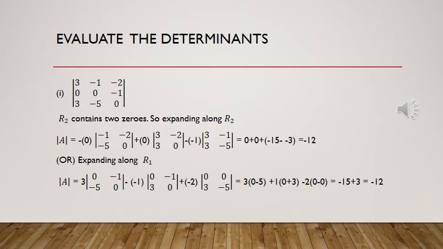After simplification, we get negative 12. See, even if we expand along R2 or R1, the answer is the same. So along any of the rows or any of the columns we are able to expand, that will give the same answer.